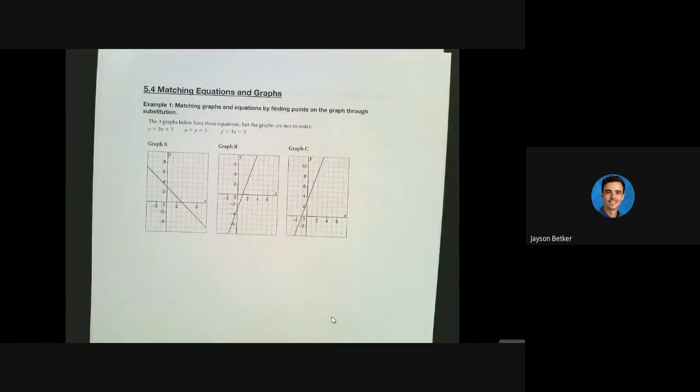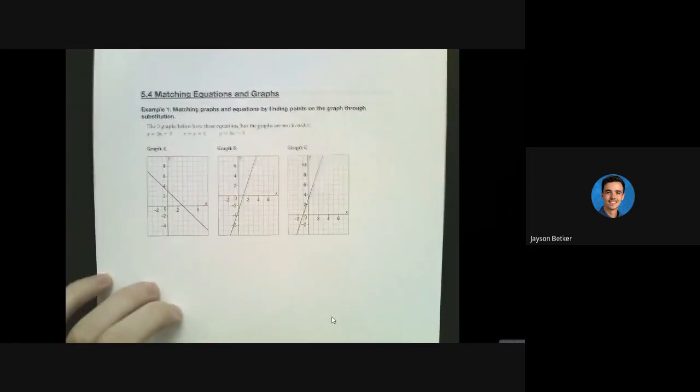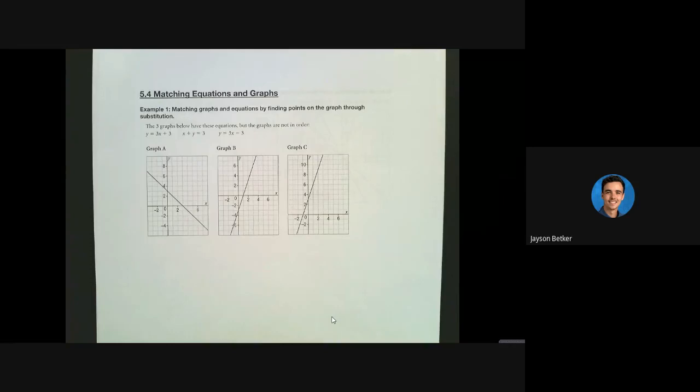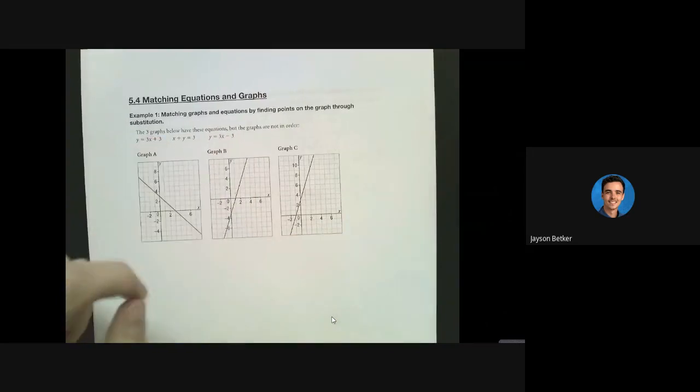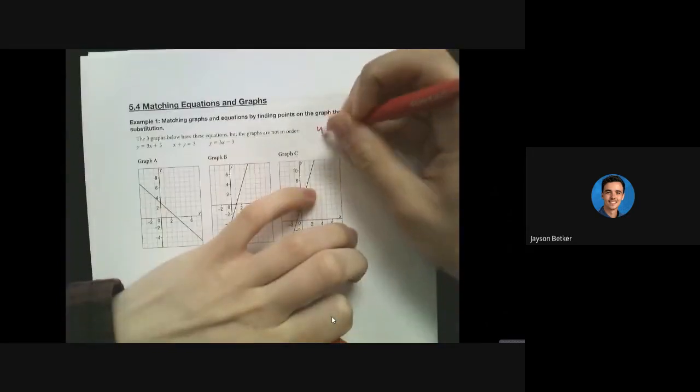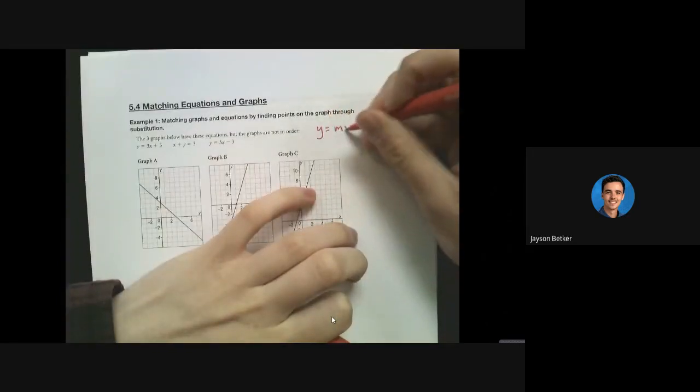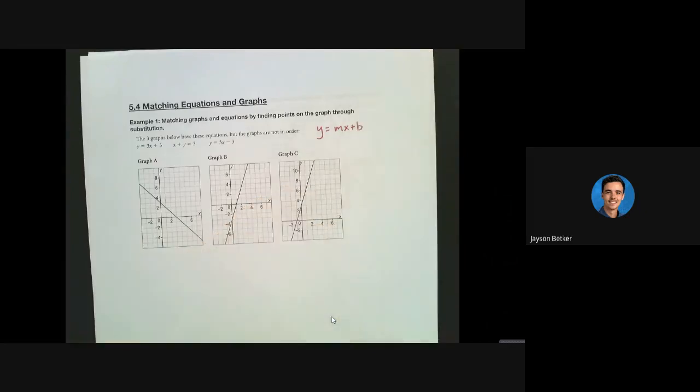So this is just a type of question that you can see where you'll have some options of graphs, or you'll have a graph and it'll look like something, and you'll have to figure out what equation is represented on that graph. The general format of this is y equals mx plus b.